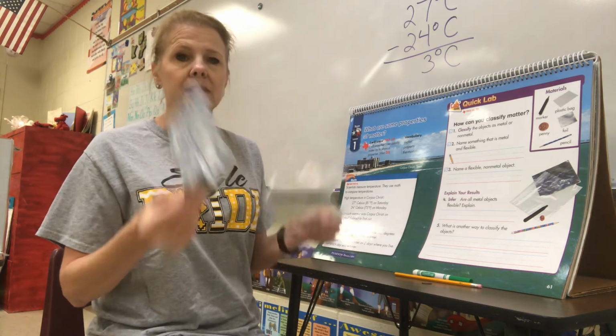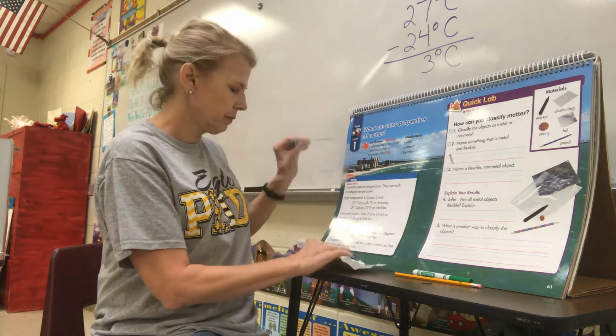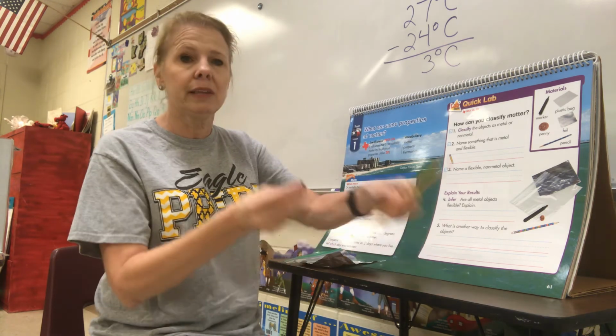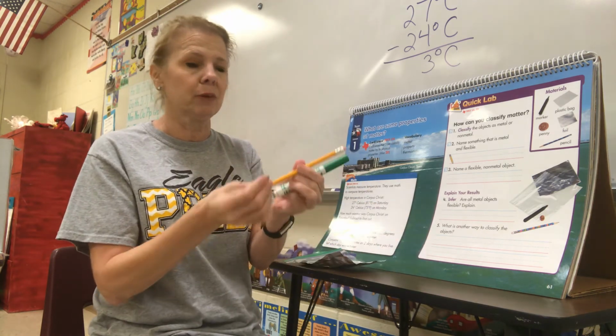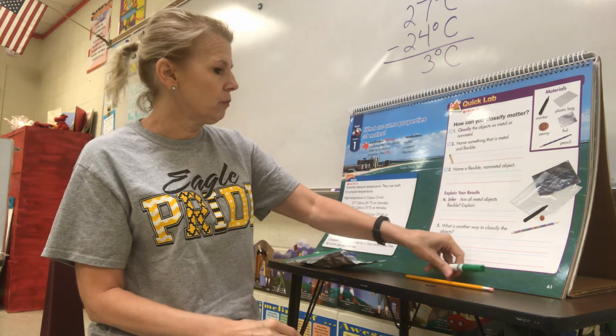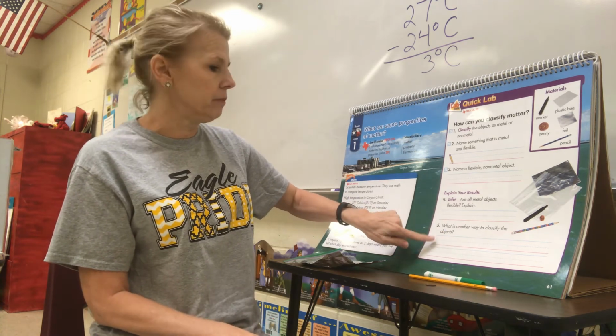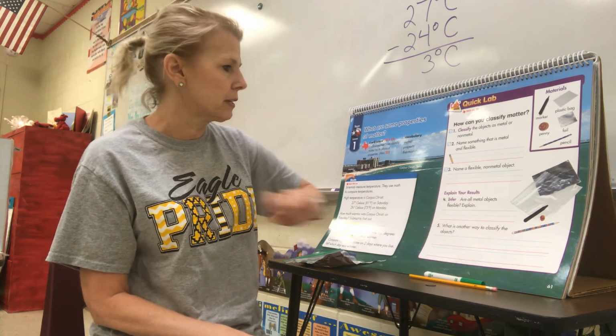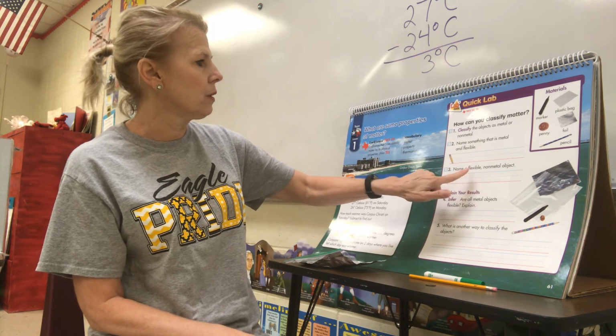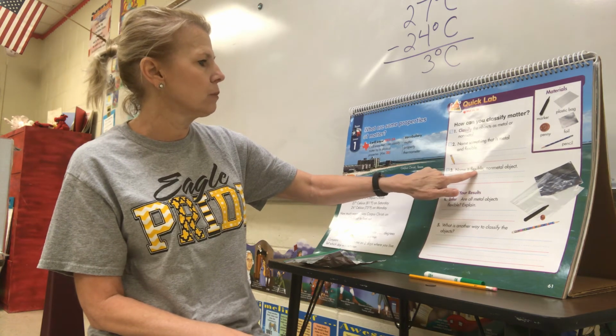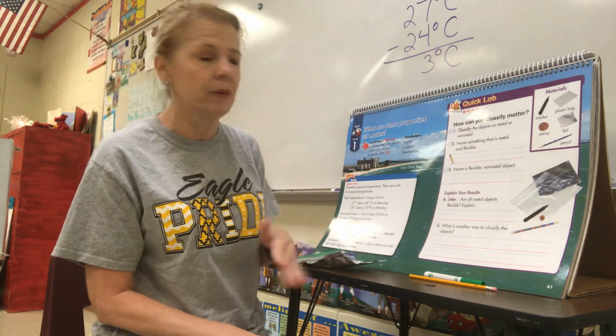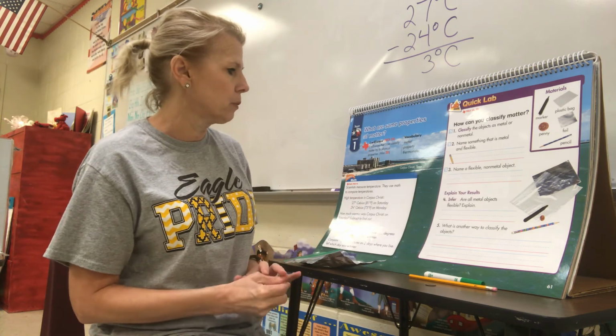So these two things are flexible, and these three things are non-flexible. Okay, so right here we could write flexible and non-flexible, and here are the words. So there's flexible, and then you put non, N-O-N, in front of non-flexible.